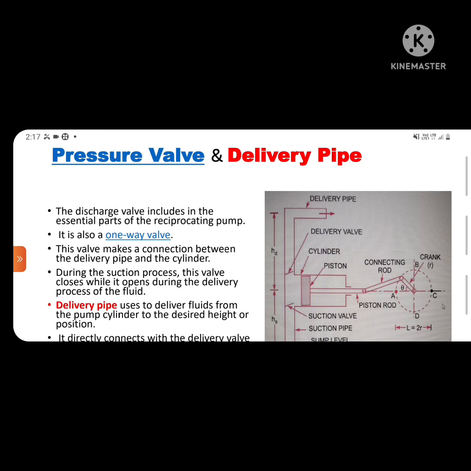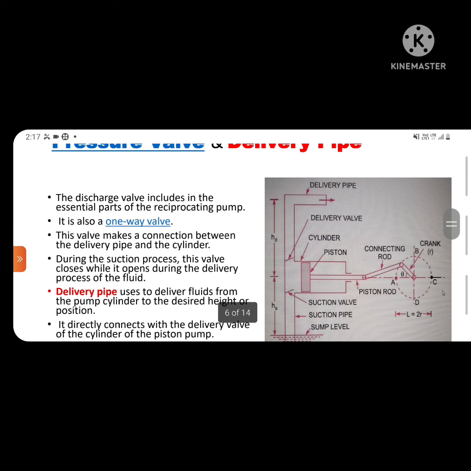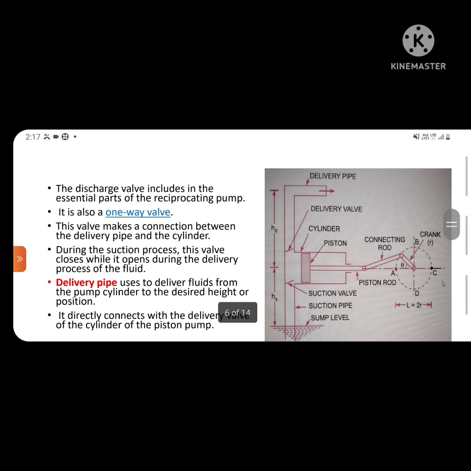Whenever the piston moves from BDC to TDC, whatever liquid has entered inside the cylinder is compressed when the suction wall is closed. The delivery pipe is used to deliver fluid from the pump cylinder to the desired height or position. It directly connects with the delivery wall of the cylinder of the piston pump.